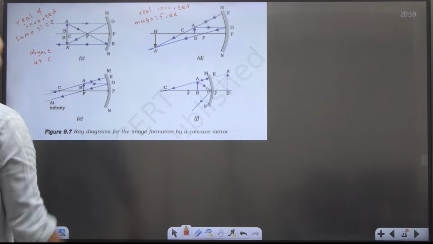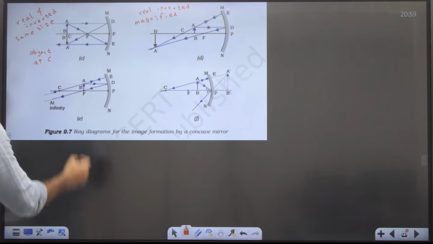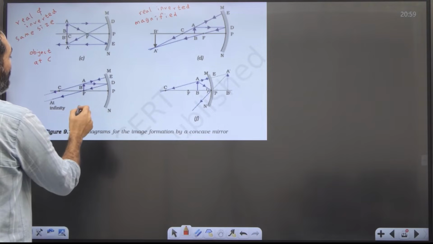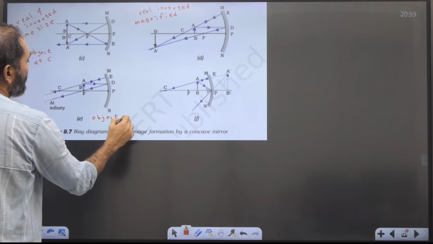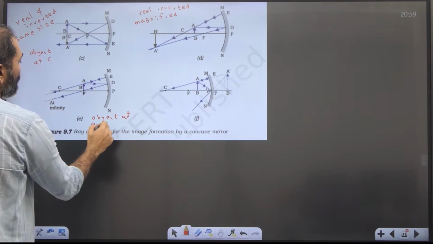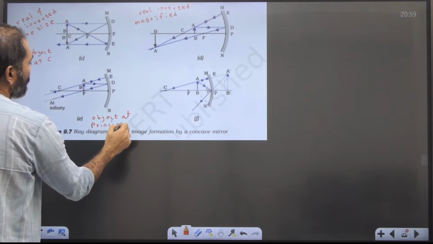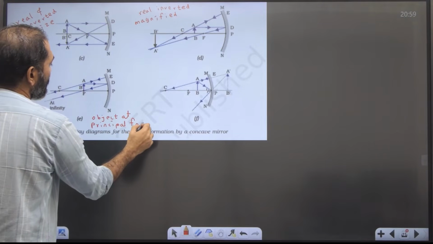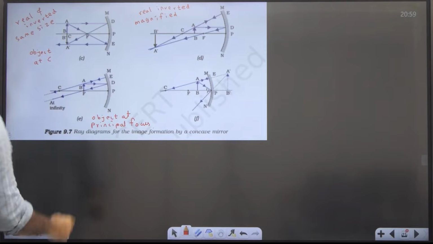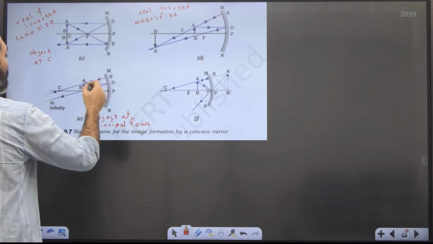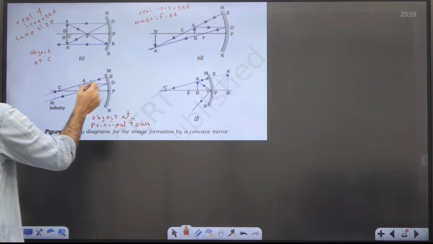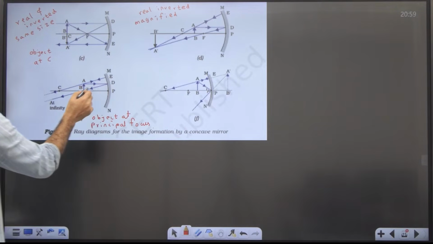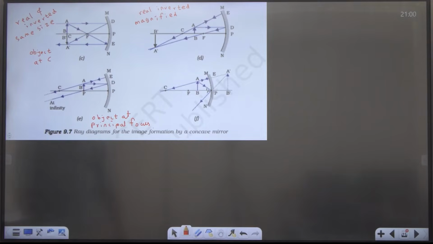Now the next case, when the object is at the principal focus. One light ray is passing through the center of curvature. The other is parallel to the principal axis, so it passes through the principal focus.